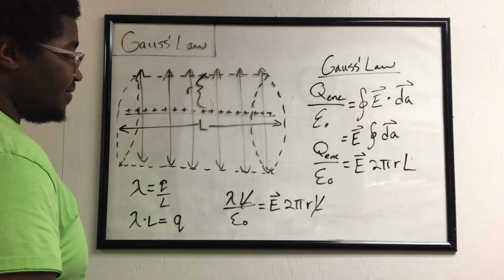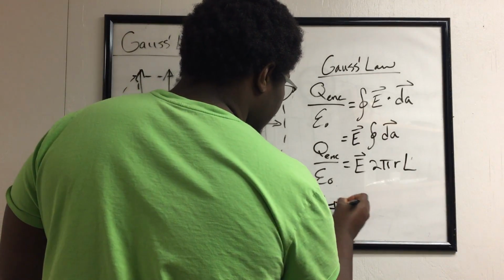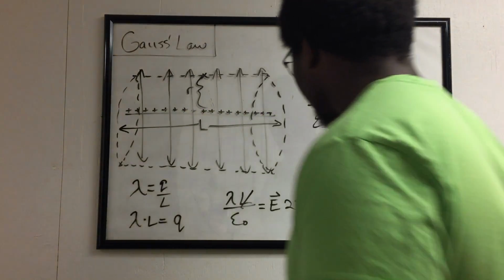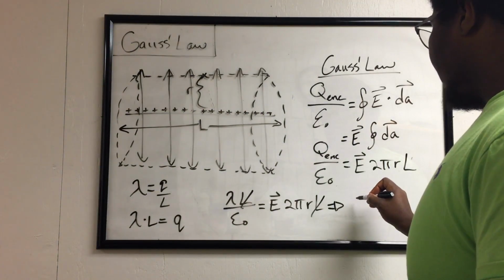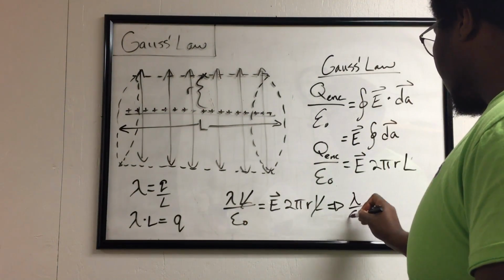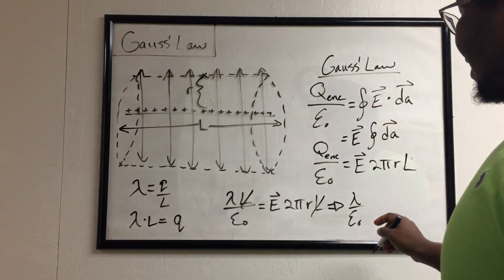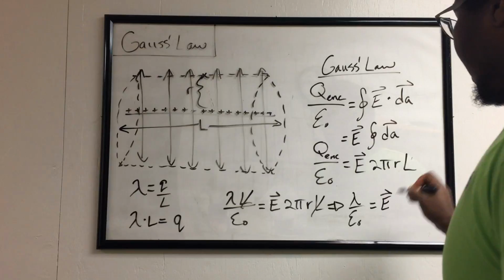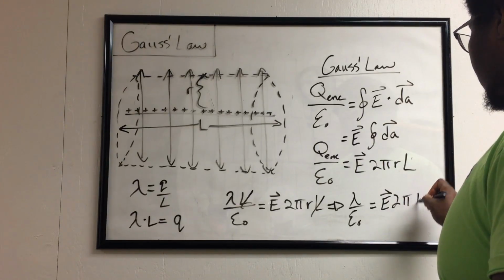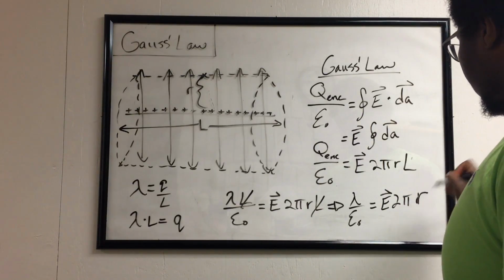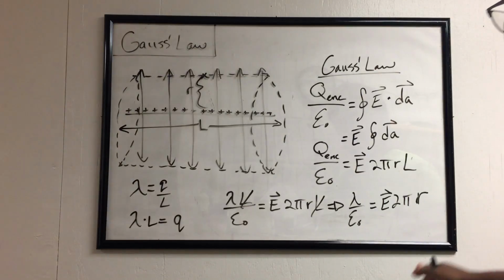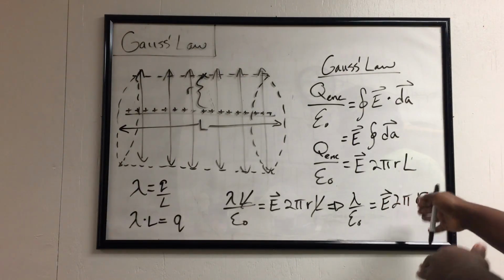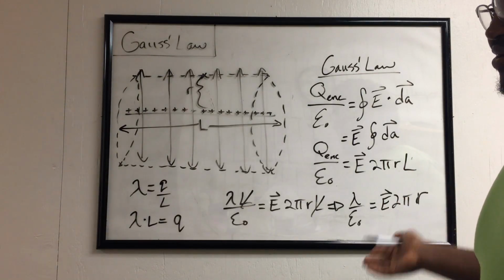So we're left with lambda over epsilon naught is equal to E times 2 pi r. So now we just have to rearrange for E, and we're basically done.